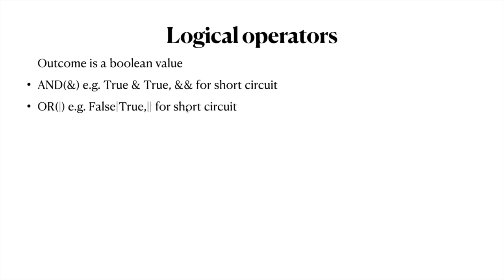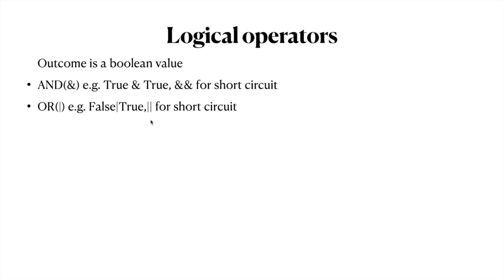The other is the logical OR operator, and it is represented by the vertical bar sign, and it takes two Boolean values or two expressions with Boolean outcomes. Like the AND operator, it has a short circuit operand, which is a double vertical bar, and this works like the short circuit AND operator.